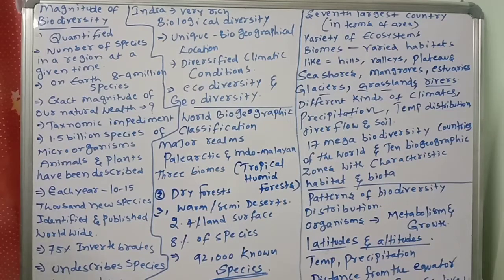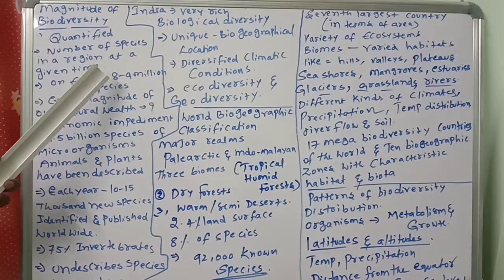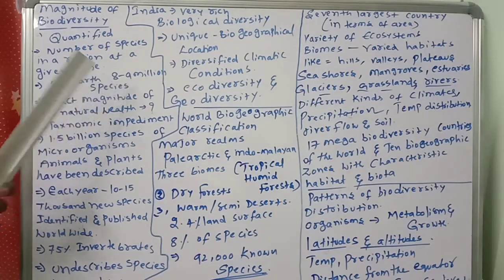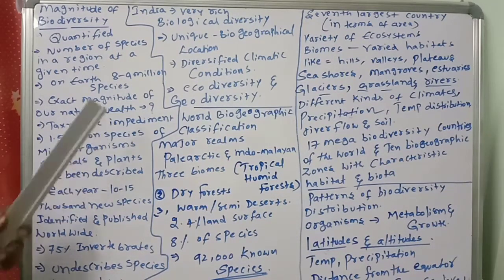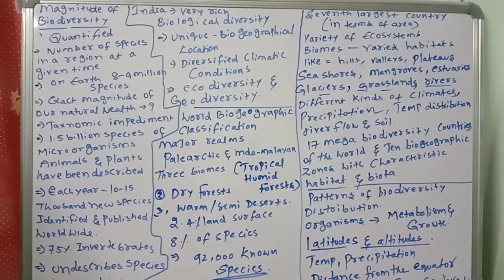The current estimate of different species on Earth is around, how many? Currently 8 to 9 million species.